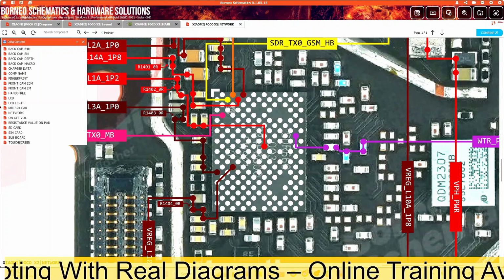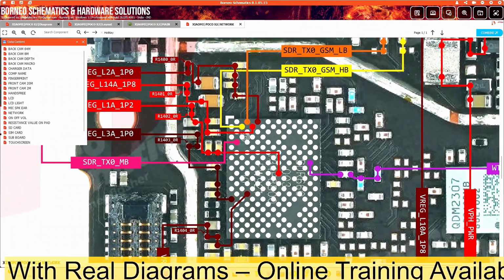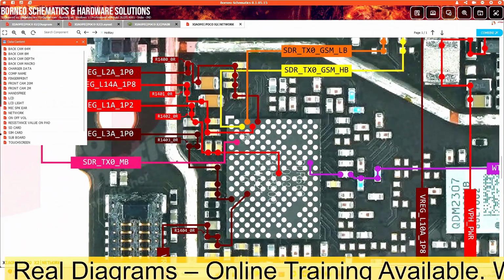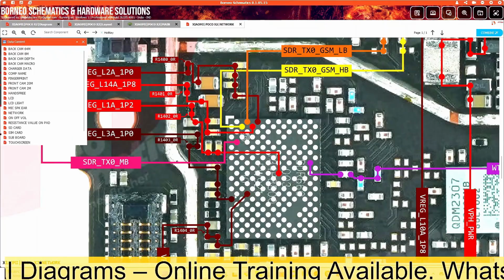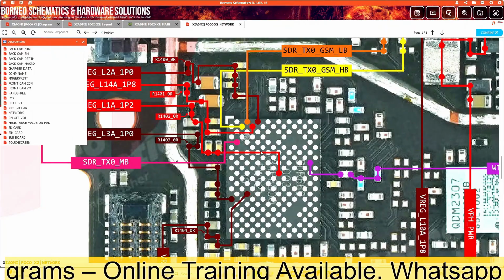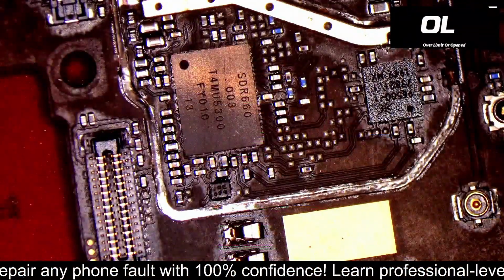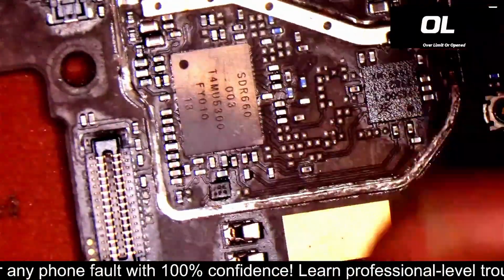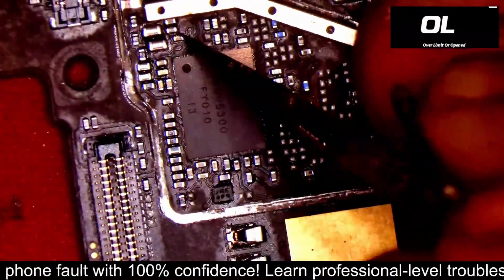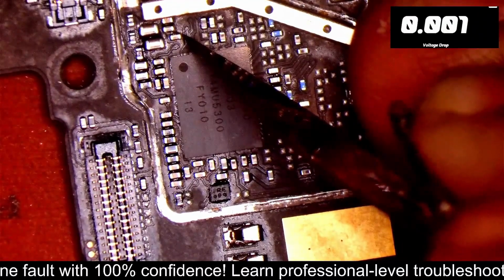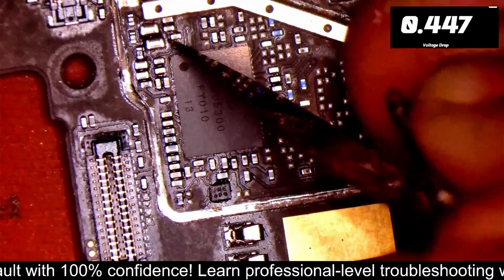So we check here on this line 1.0, 1.8. So we check all the caps here one by one mostly. So we go to the circuit microscope. So this one side is a short.